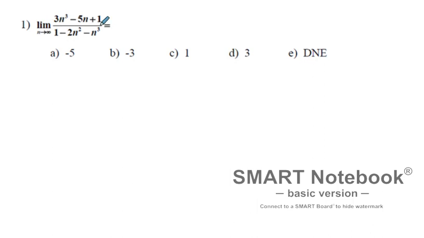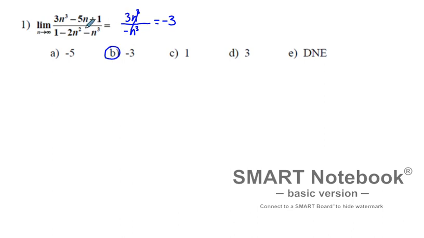As you go to infinity, you look for the highest exponentiated terms in both the numerator, in which case we have 3n to the power of 3, over the highest power term in the denominator, which is negative n cubed. And you'll notice that n cubed over n cubed will cancel each other, simplifying to negative 3, which gives us our answer B.